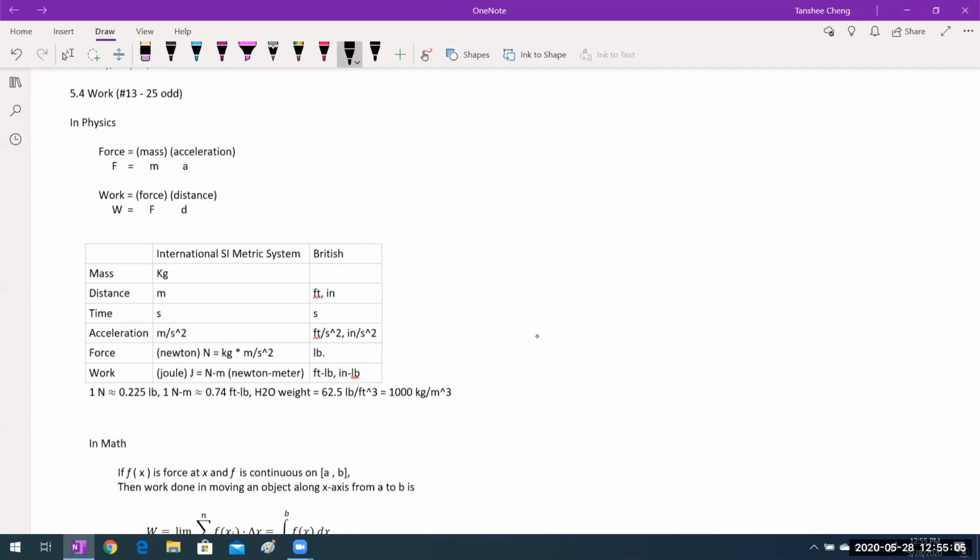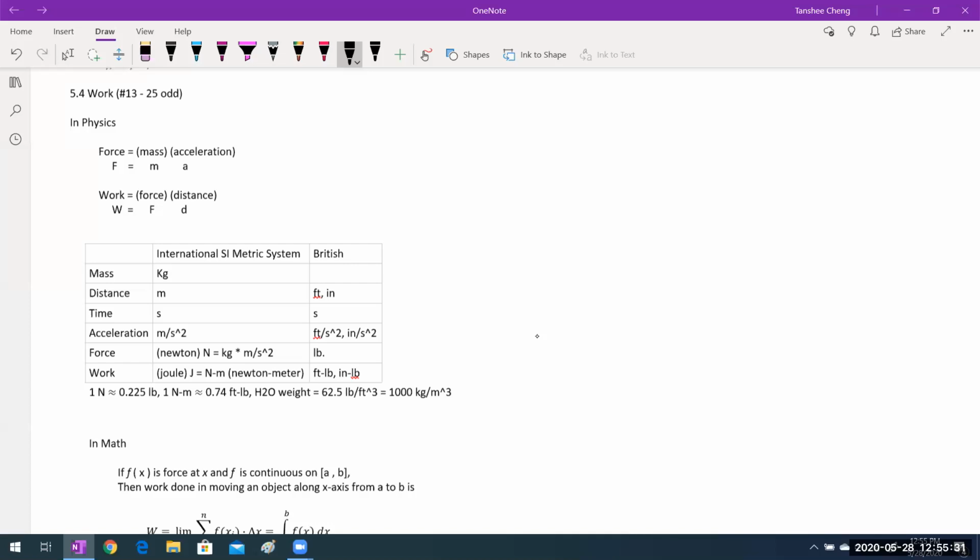That is approximately equal to 1,000 kilograms per cubic meter. So those are the units that we need to know for some of the problems, and there's more that you need to know later on. This is basically the physics point of view: the formula, and then the unit systems.